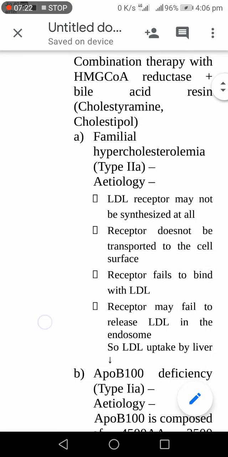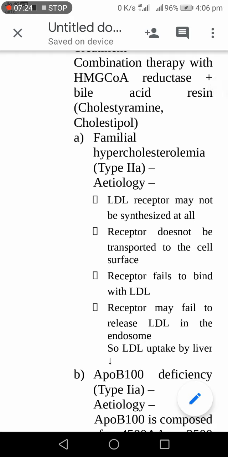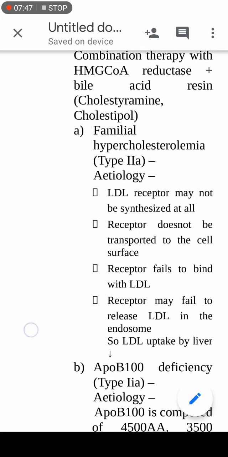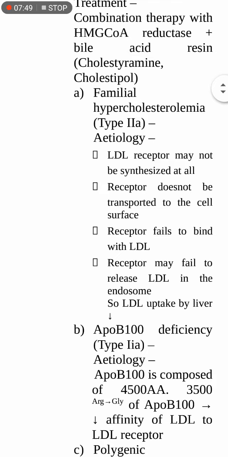In familial hypercholesterolemia, the hypercholesterolemia is due to LDL receptor defect. The LDL receptor may not be synthesized, cannot reach the cell surface, fails to bind with the LDL, or fails to release the LDL to the endosome.